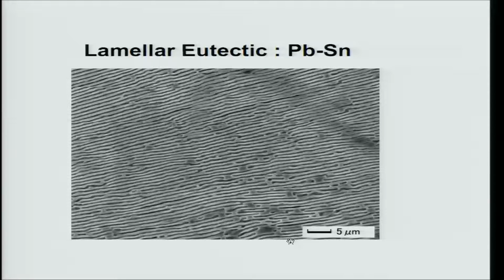Whenever you see such microstructural features in any sample while examining it in your lab using an optical microscope or SEM, we say this is due to the eutectic reaction, where the eutectic reaction is liquid going to lead solution plus tin solution. Here tin is in the beta phase.